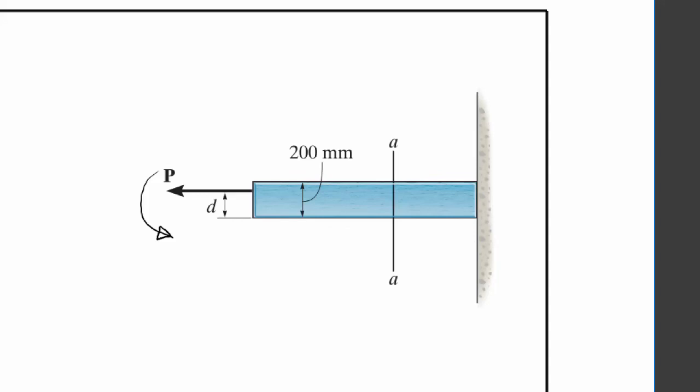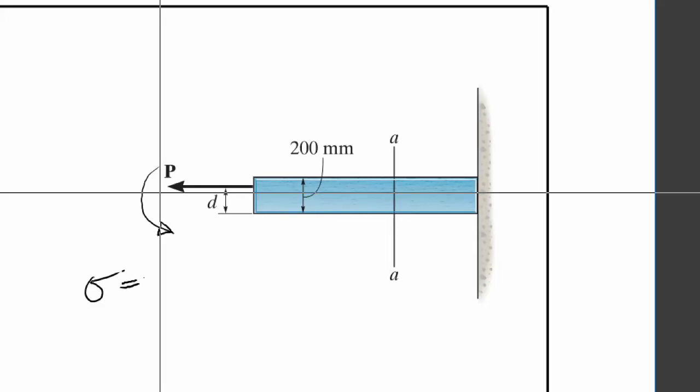We also know that we have an axial load being applied, so the two formulas that we will be using are stress is equal to N over A, where N is really referred to as your P load, minus, due to the offset, MC over I. And we know that the moment of inertia of that section would be 1/12 BH cubed.